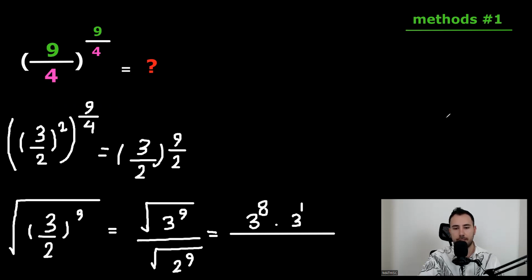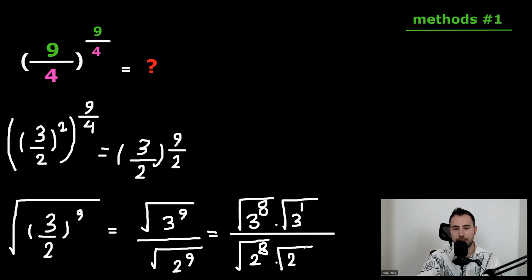Okay, and then individually, square root of this, square root of this. I'm going to do the same thing for the next one. 2 to the power of 9, I could write it as 2 to the power of 8 multiplied by 2 to the power of 1. Doesn't matter. Square root of this, square root of this. Okay.